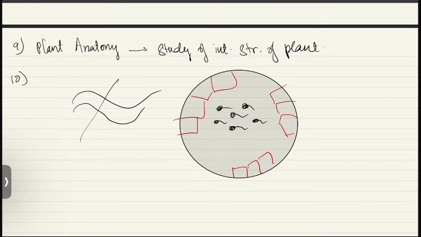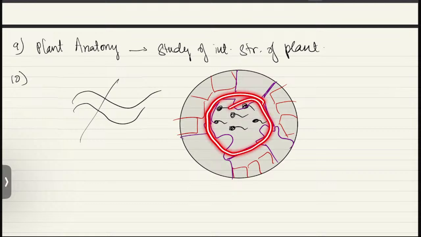A Sertoli cell is a cell which is between these sperms, so it forms a boundary. Look at this boundary. Appreciate this boundary formed by these Sertoli cells.